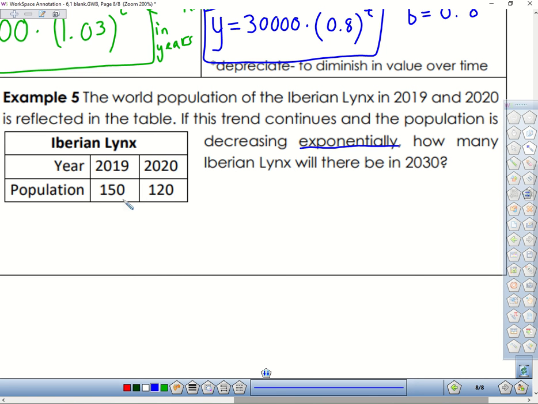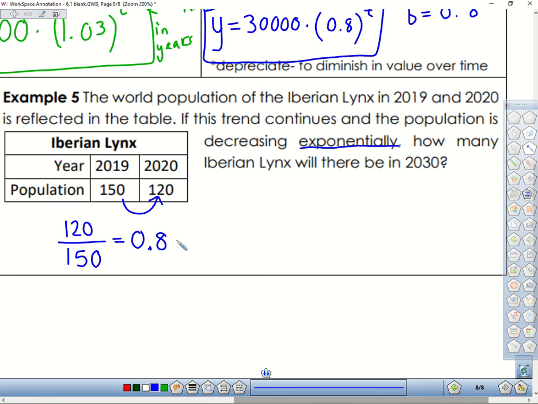So we know that with exponential, we're going to have a common ratio, meaning some number we multiply 150 by to get to 120. And that's our common ratio. Does anybody remember how we can calculate a common ratio with two terms like this? 120 divided by 150. Good. 120 divided by 150 will help us find the common ratio, and you get 0.8.